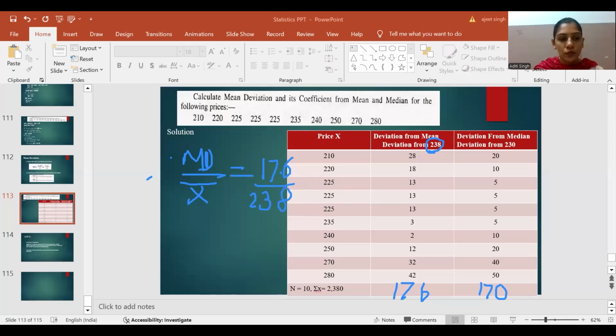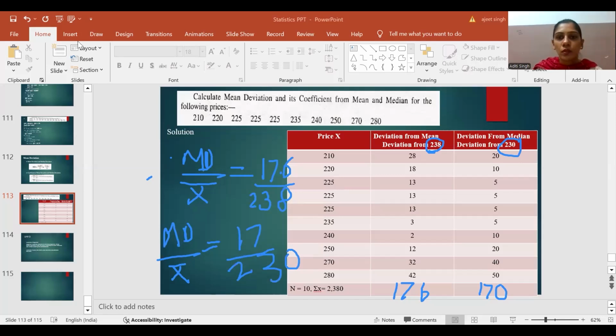Okay, so when we do the calculation for the coefficient of mean deviation, it is mean deviation divided by mean. For the median, the value is 17 and x bar in this case is 230, so divided by 230.